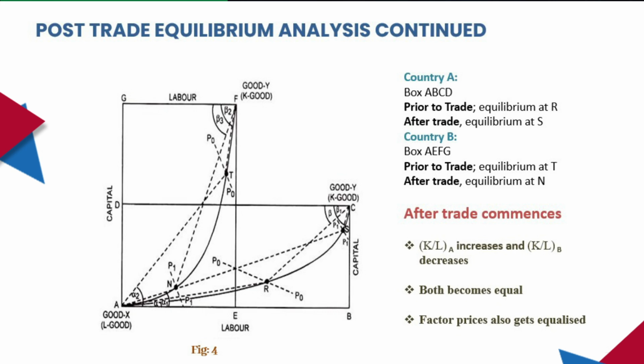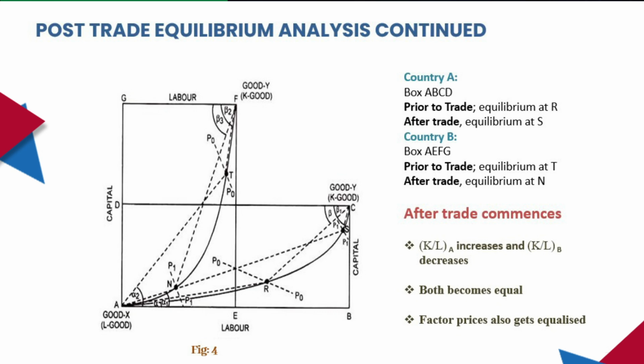That means this represents the Edgeworth box for country A. And AEFG represents the Edgeworth box for country B. Now, as per the earlier discussion, AC is again the contract curve and AF is also the contract curve.